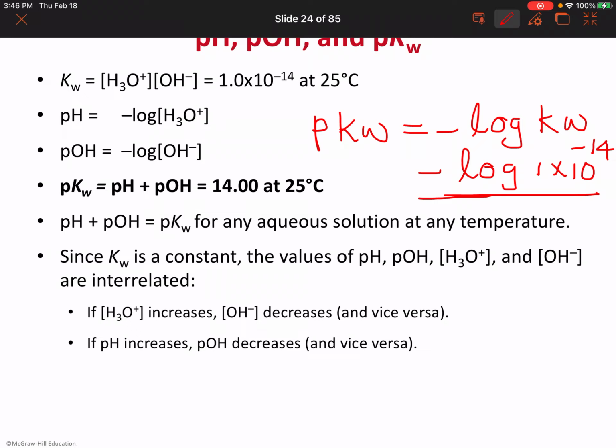Okay, so you have to put log and then 1 into 10 to the negative 14. That will give you negative 14. With that negative 14 and the negative at the front will give you a positive 14. Okay.